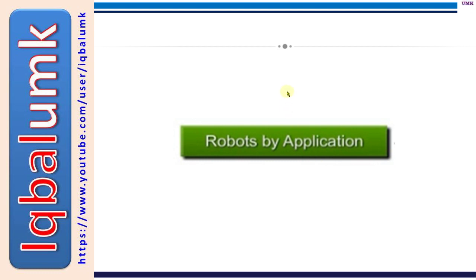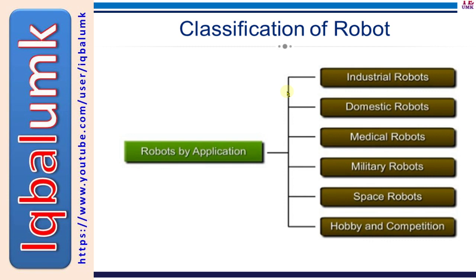Kemudian berdasarkan aplikasinya, robot bisa dikategorikan lagi tipe-tipenya. Robot di industri namanya industrial robot. Kemudian robot yang dipakai di rumah tangga namanya domestic robot, termasuk vacuum cleaner, robot pelipat pakaian dan seterusnya.